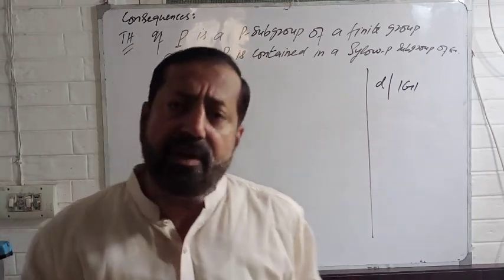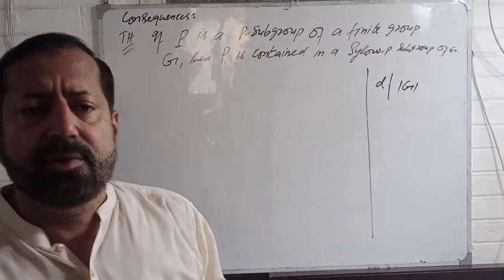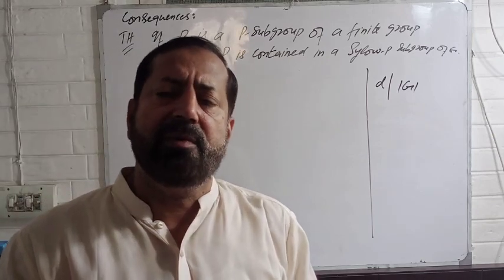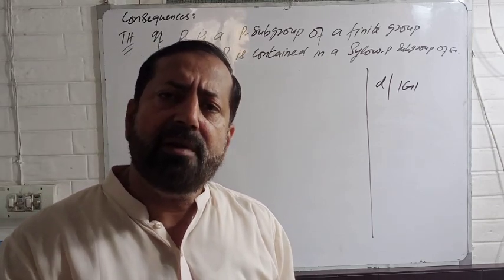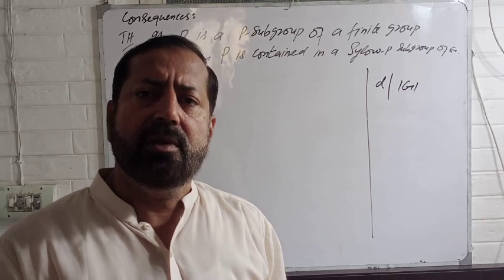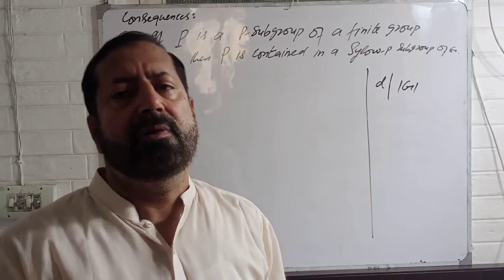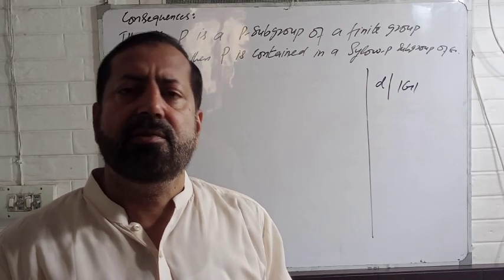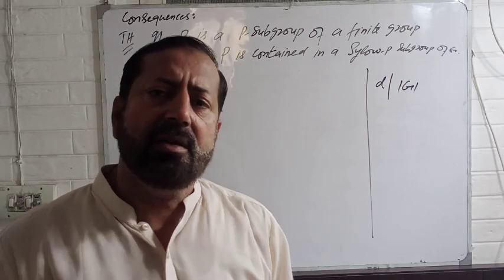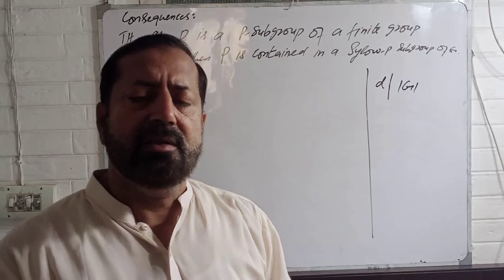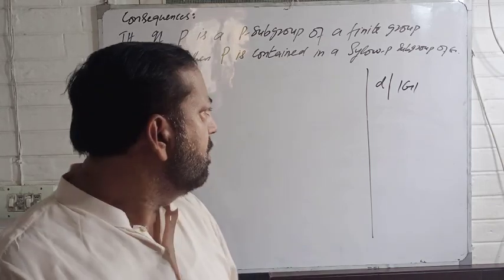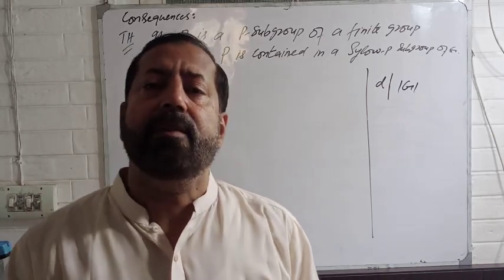And the second question was, if you can find a subgroup of order D, can you find the number of subgroups of order D? The first question is also known as the converse of Lagrange theorem, and the second is in fact about the cardinality of such subgroups.